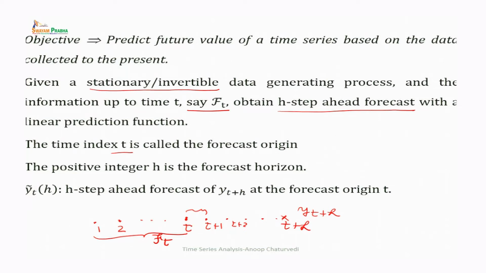So, this t is the forecast origin, and this positive integer h is the forecast horizon.